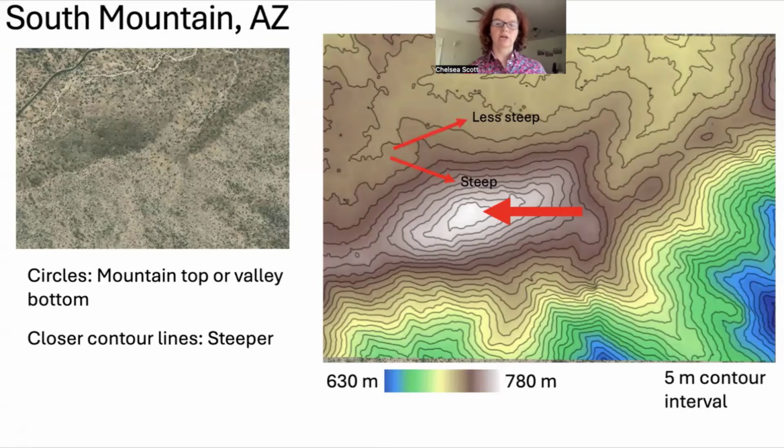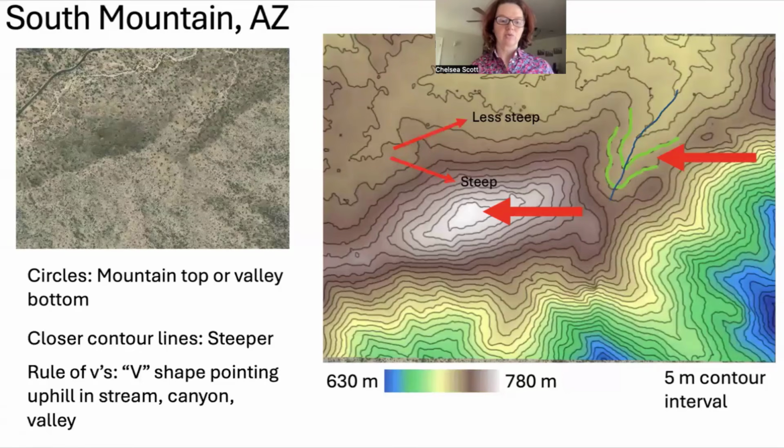Second, closer contour lines means that the landscape is steeper. So here we have relatively close contour lines and less close contour lines here. So this area where the contour lines are close indicates a steep landscape.